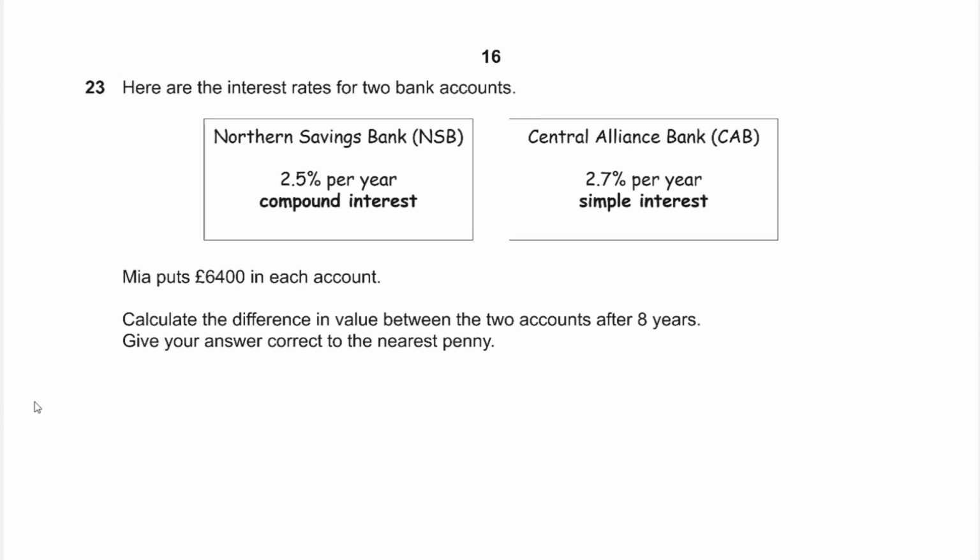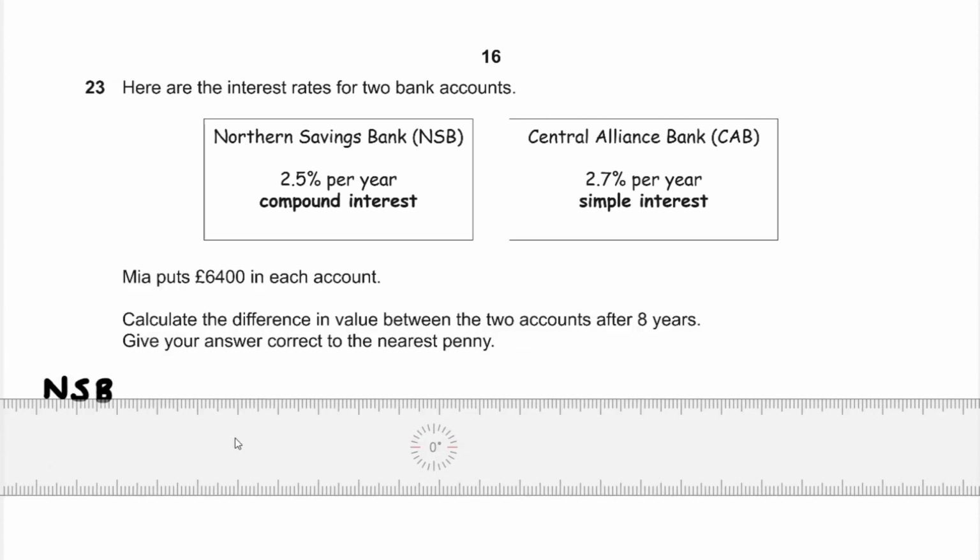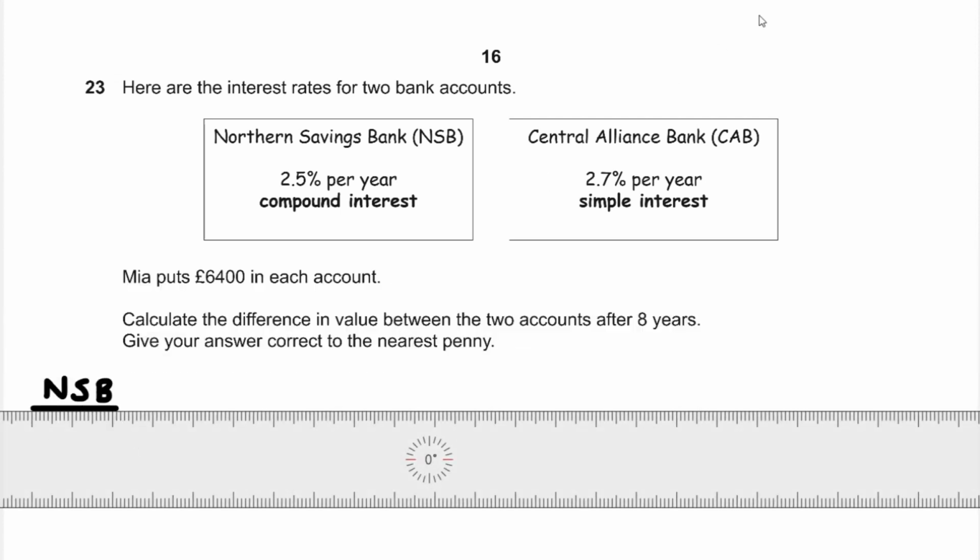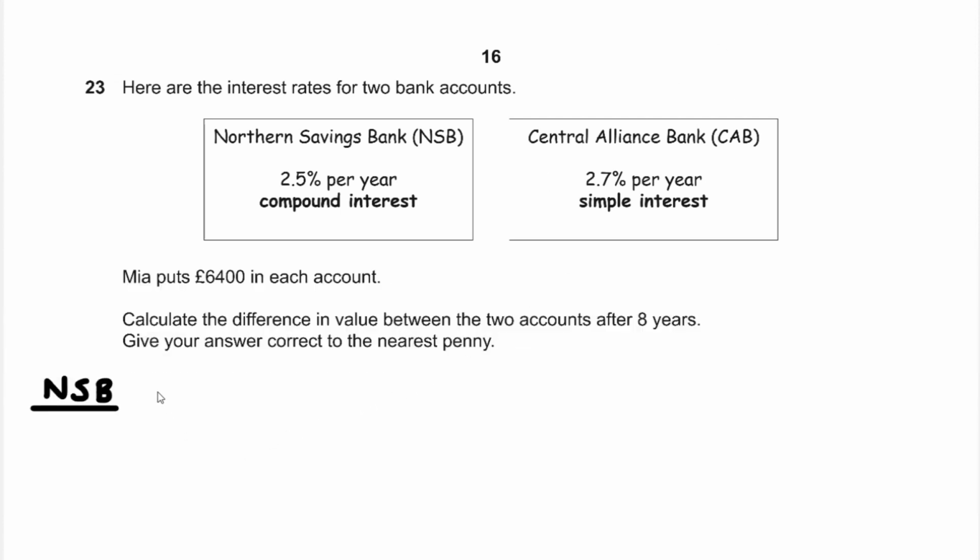Let's first of all take a look at the NSB account. The NSB account, we've got 6,400 multiplied by 1.025 to the power of 8.